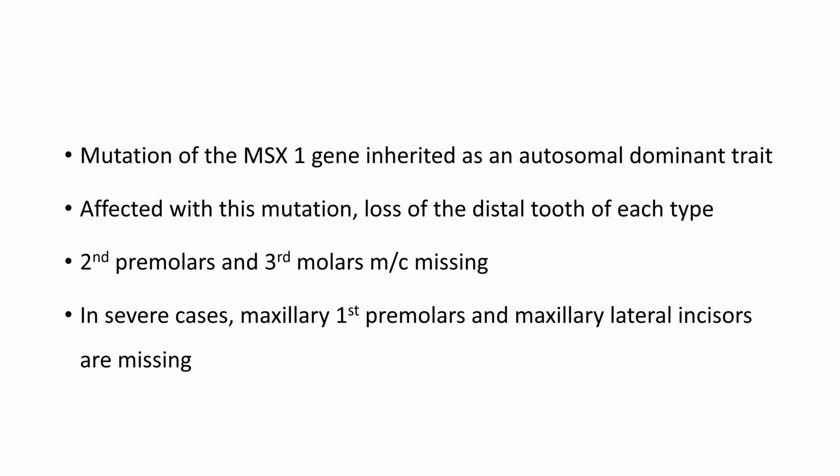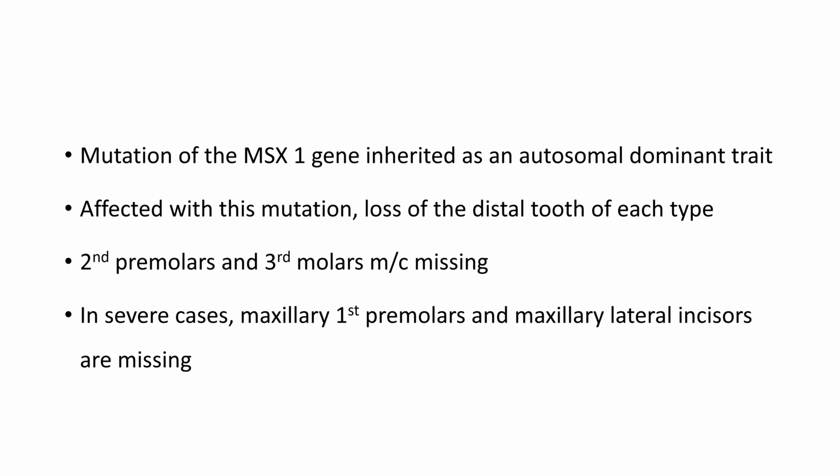Mutation of the MSX1 gene is also inherited as an autosomal dominant trait. Those affected with this mutation tend to demonstrate loss of the distal tooth of each type. In these patients, the most commonly missing teeth are the second premolars and third molars.